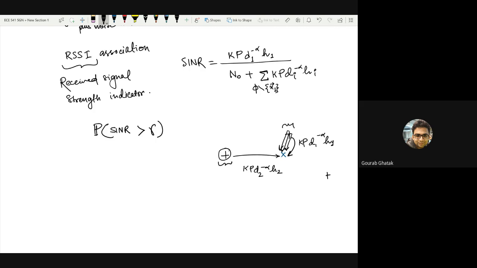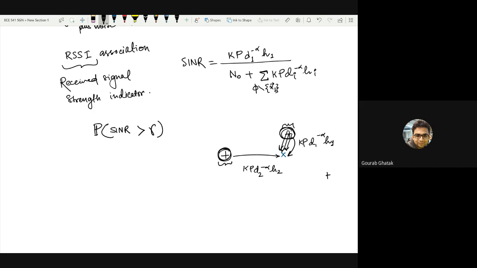However, remember that throughout most of our course, you will be saying that you are associating with a base station which gives you the average highest received power. Is this development also clear? Otherwise, if you are trying to associate based on instantaneous received power, it might happen that at time t1 you have a useful base station which is this guy, but at time t2 you must necessarily have this guy as the useful base station in case it provides you a higher power.